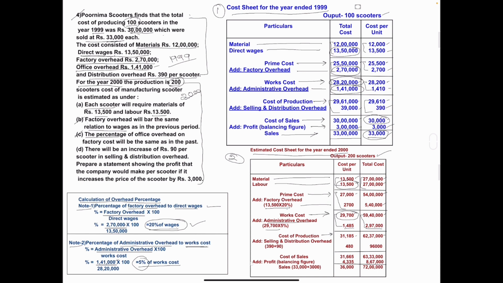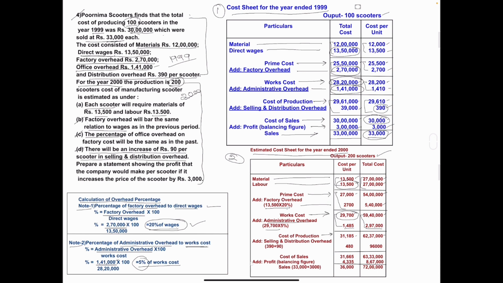Add selling and distribution overhead. We'll see in the question what information they have given. Point D: there will be an increase of rupees 90 per scooter in selling and distribution overhead. So in the year 2000 they have increased the selling and distribution overhead by 90 rupees. In the year 1999, the selling and distribution amount was 390.